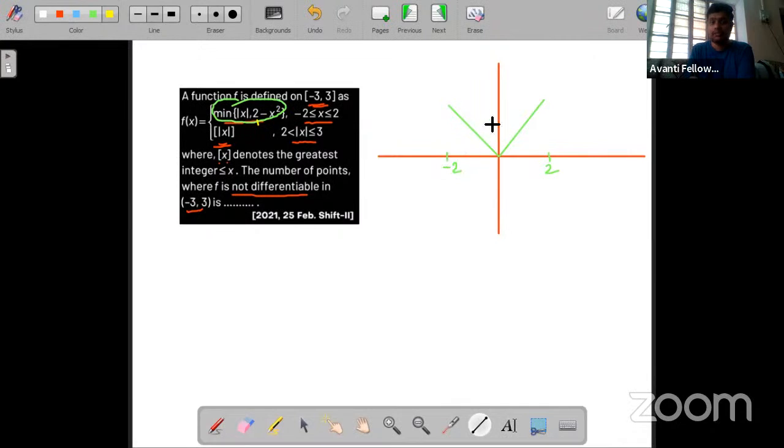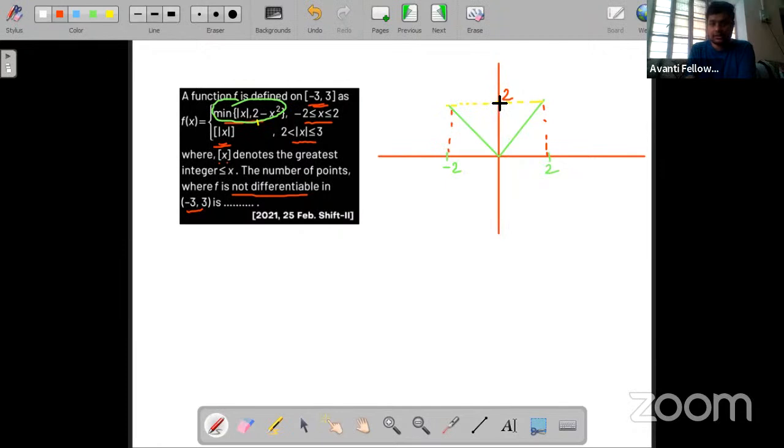So the graph will be 2 minus x square. So you can see the maximum value is 2 here. For modulus x, this value is 2, because at x equal to 2 we'll be getting 2 and at -2 also we'll be getting 2.